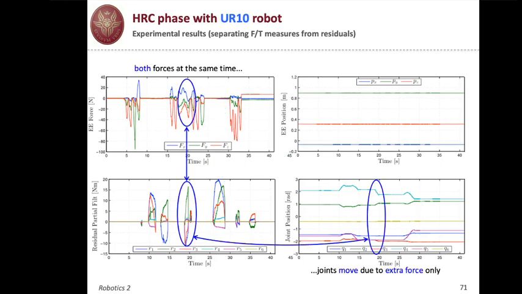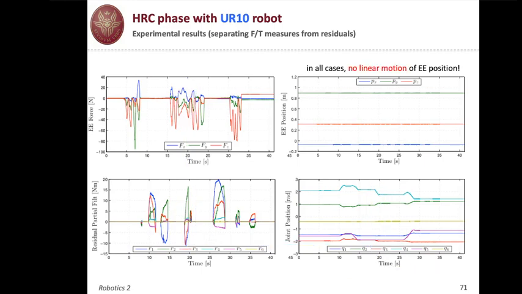Now, the common situation where you are applying a polishing force, an intentional force at the end effector, and at the same time you're applying a force on the robot structure, so a kinesthetic operation in order to reconfigure the arm. So you see that both the end effector force and the residual are being excited, and there is a motion in the joint space, but however, this motion is commanded only by the presence of the residual, not by the presence of the end effector force, which is intended for polishing.